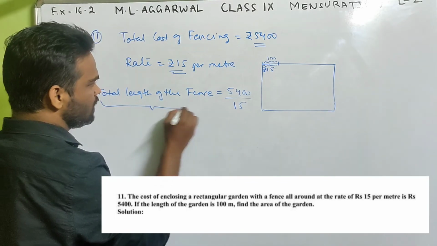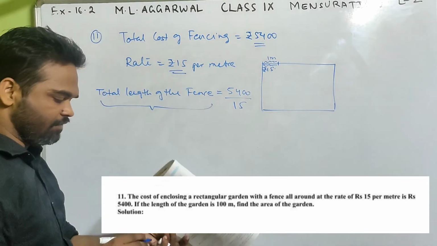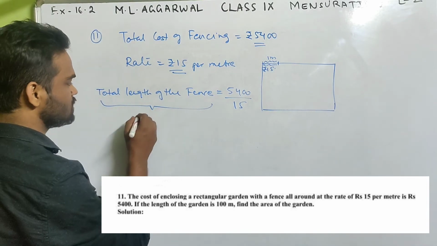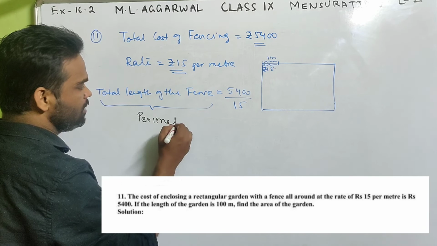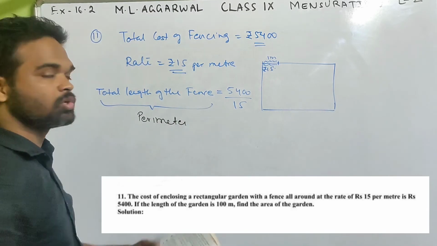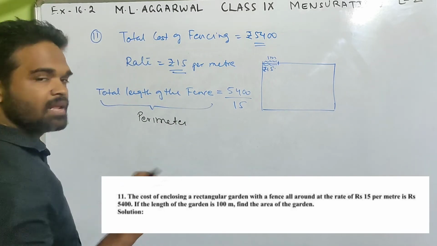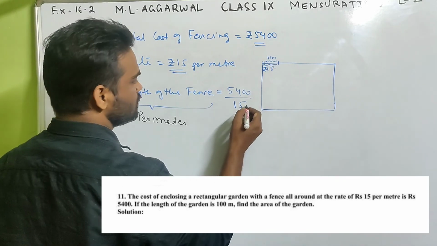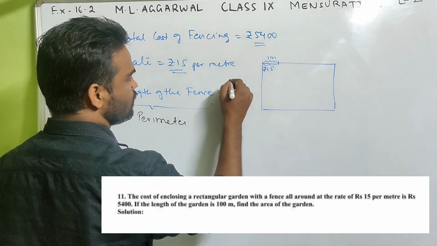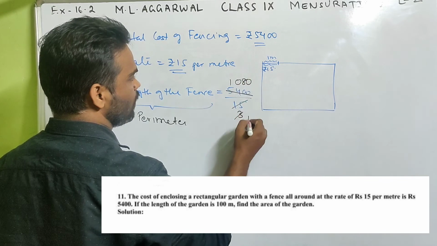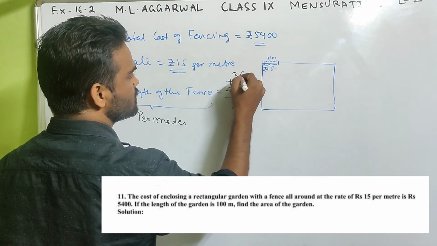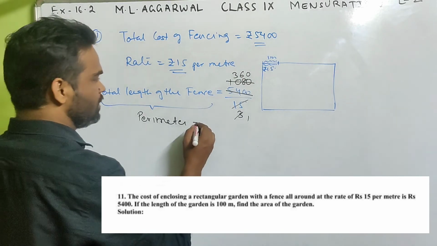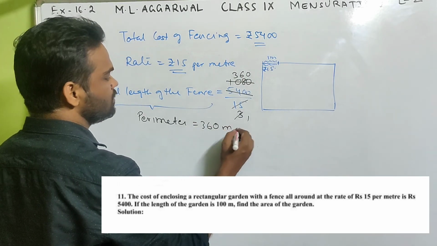And this total length of the fence is nothing but the perimeter. So perimeter will be total cost by rate, isn't it? That's 5400 by 15, which is 360. So the perimeter is 360 meter.